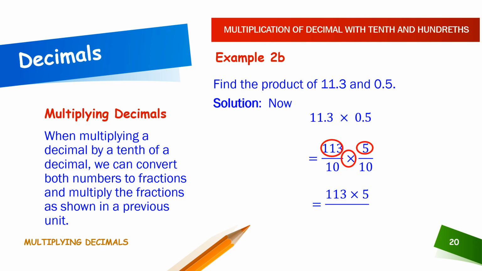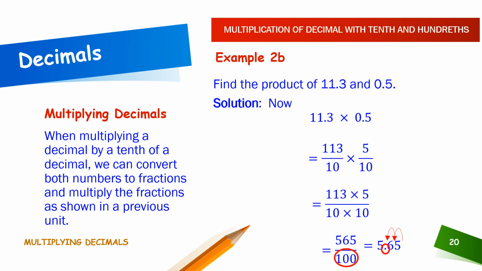Now multiply the numerator by the numerator and multiply the denominator by the denominator to give 565 over 100, which is equal to 5.65.